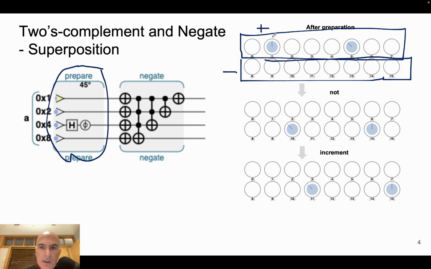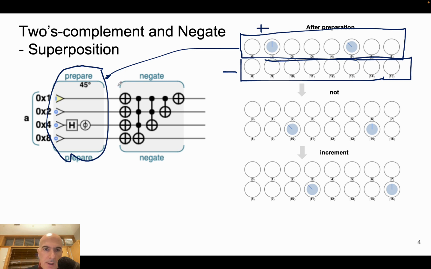So we encode the states +1 and +5 using this quantum circuit, and then we apply the quantum circuit we saw in the previous slides. What we want to achieve is -1 and -5.